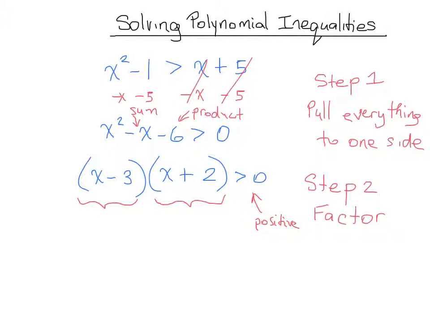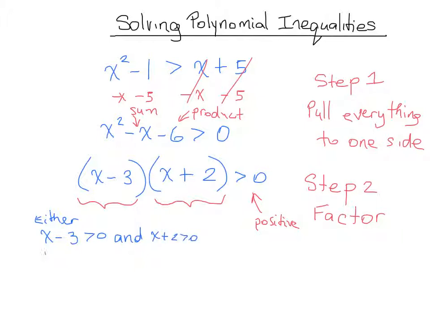So now we have either, so let's write either here, x minus 3 is greater than 0. And so remember now, both of them have to be the same sign. So either they're both positive or they're both negative. So either x minus 3 is greater than 0 and x plus 2 is greater than 0.